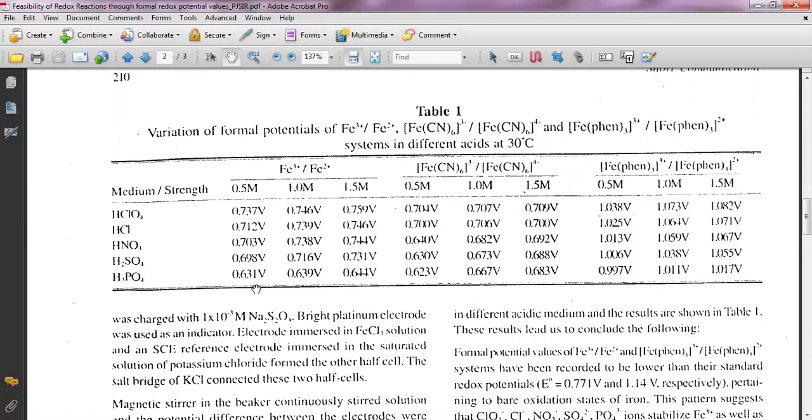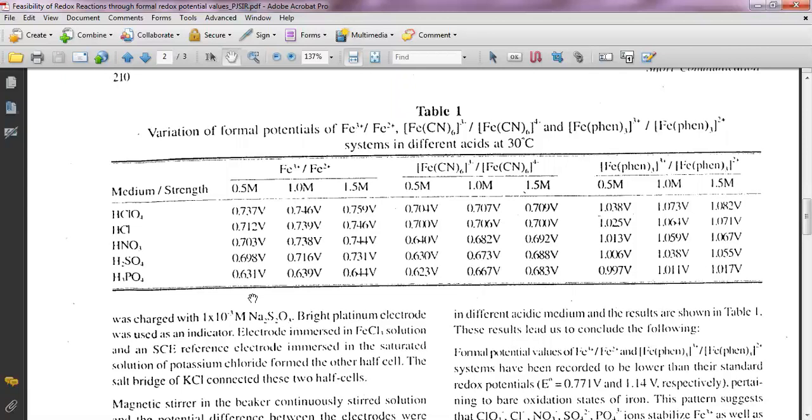So let's find the reason. What is the reason behind this? As I have explained before, the perchlorate, chloride, nitrate, sulfate, or phosphate ions are going to interact with the positive ions of the iron metal, iron plus 3 or iron plus 2, the oxidized and reduced forms, because both are present in the solution.